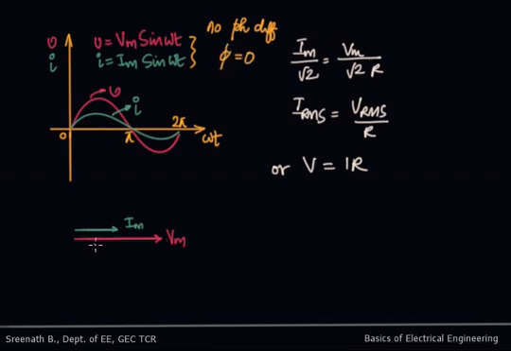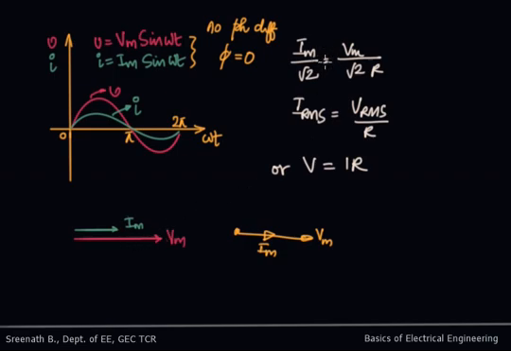So once you look at the phasor concept, this is Vm and this is Im, and they are in phase. Actually it has to be like this: Vm and this is Im. Okay, so they are in phase. In order to indicate with a different color, I have indicated it like this. So they are in phase.